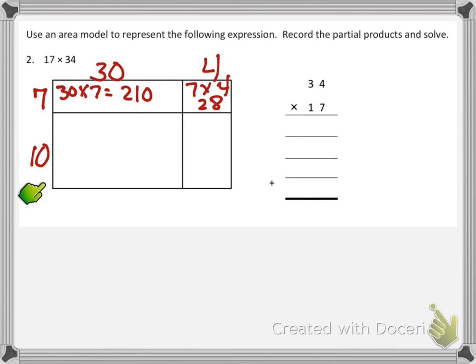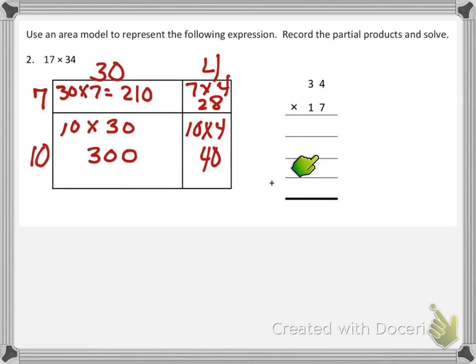Now let's continue with this 4. 4 times 10 is 40. And in our last one, we're going to do 10 times 30, and 10 times 30 is 300. Now we have to start placing these partial products inside and solve this.